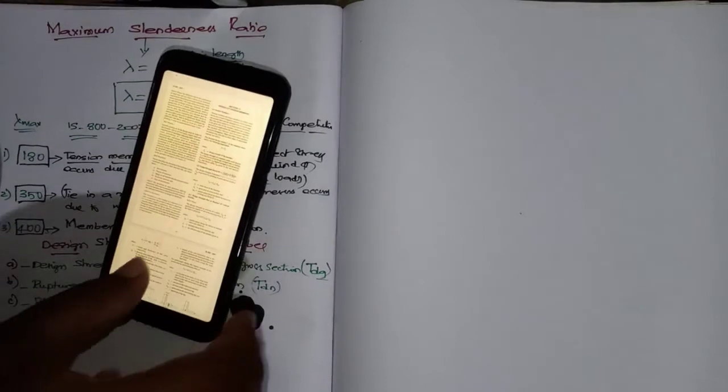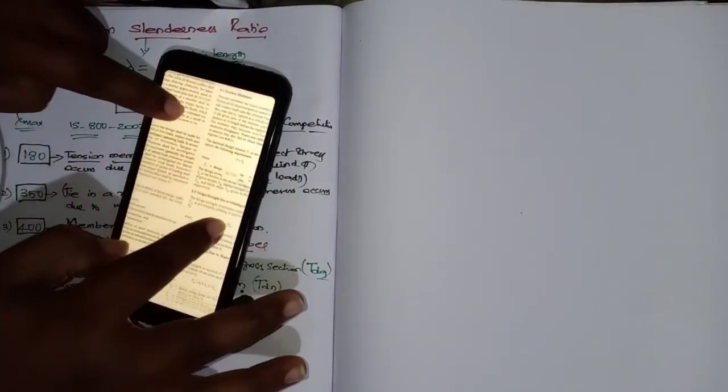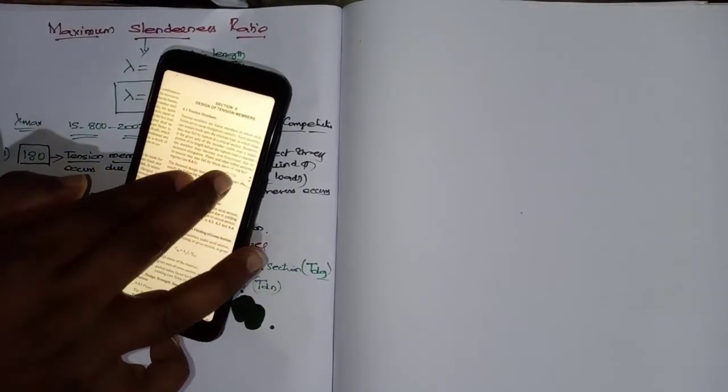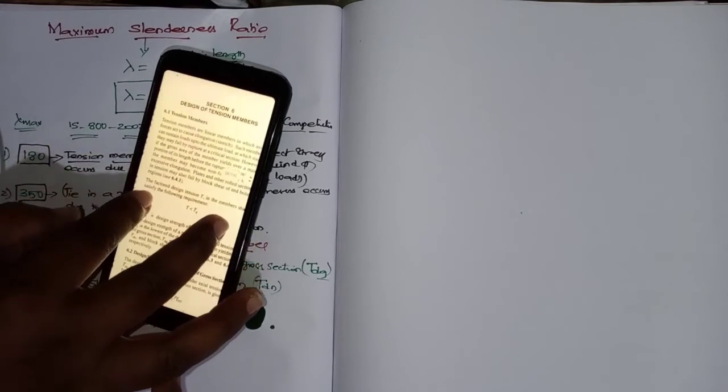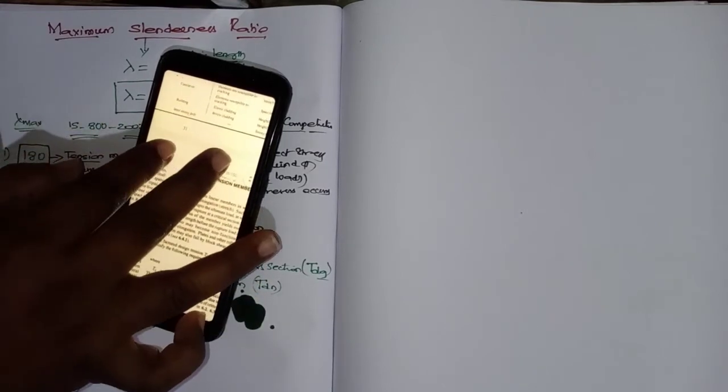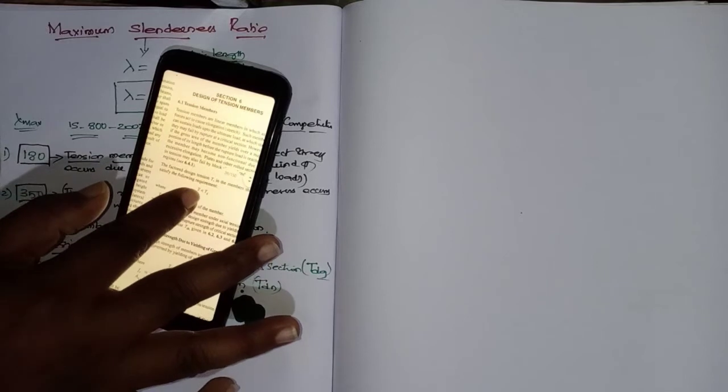Yeah, if you can see here, page number, it is around 31. Next to page 32, you will be having section 6.